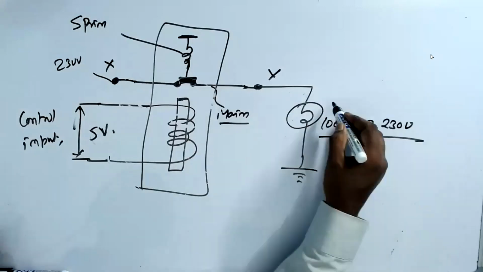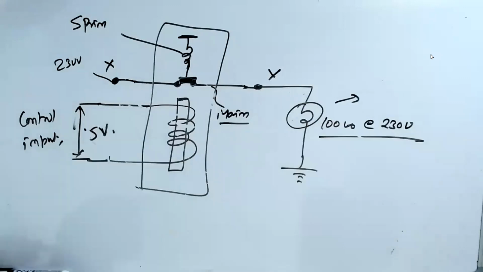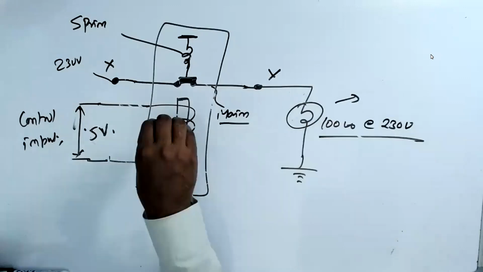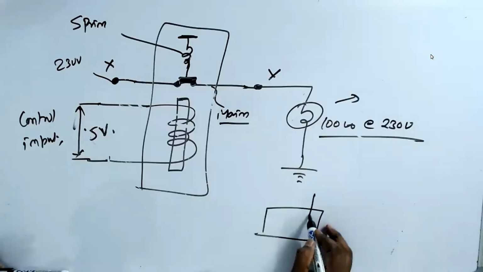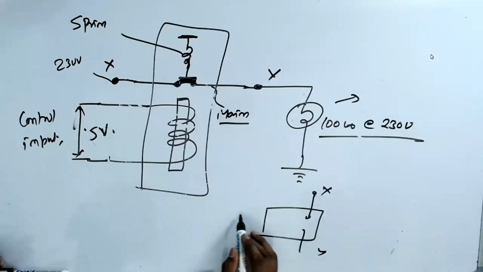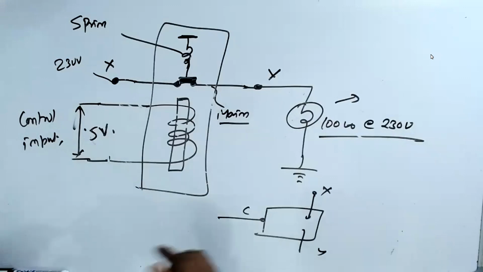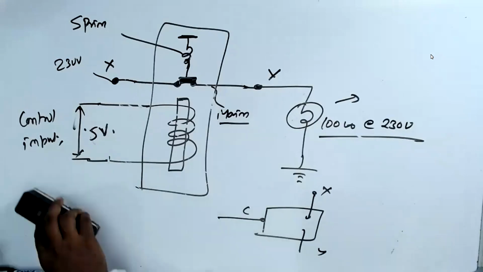The relay representation is very simple. We have an input and output, X and Y, and we have a control input. The control input will control that. So I remove this now.